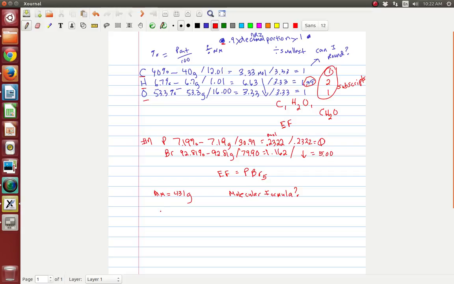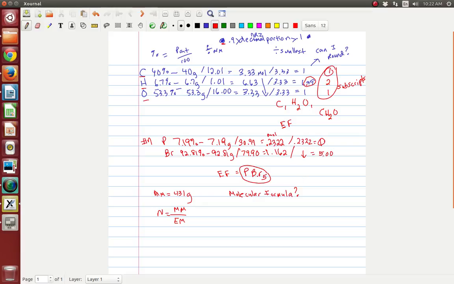I made up a formula for this. The N is going to be your multiplication factor, and it's equal to the molecular mass divided by the empirical mass. So if I'm not told, I really have to figure out the empirical mass of phosphorus bromide.